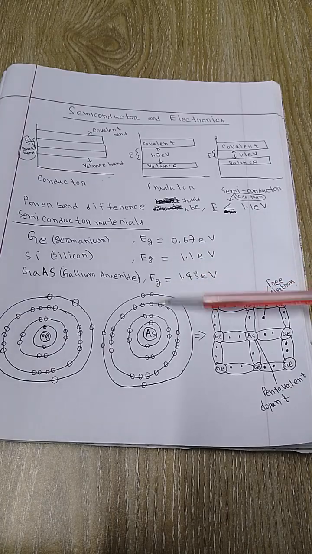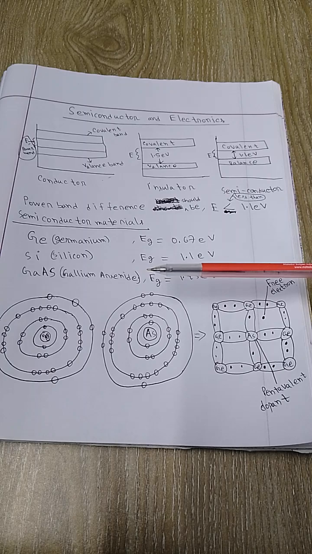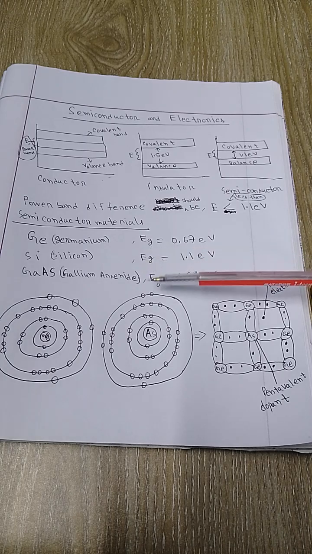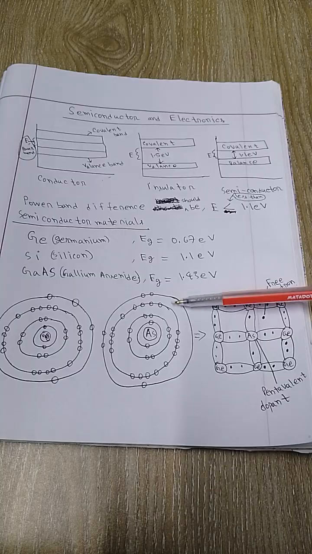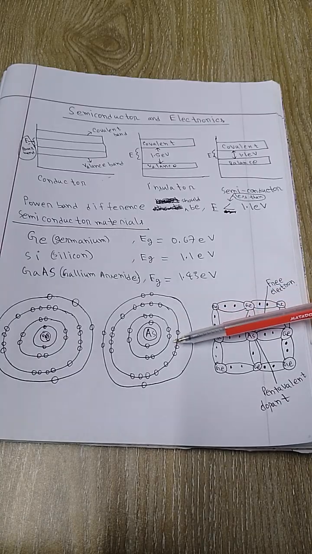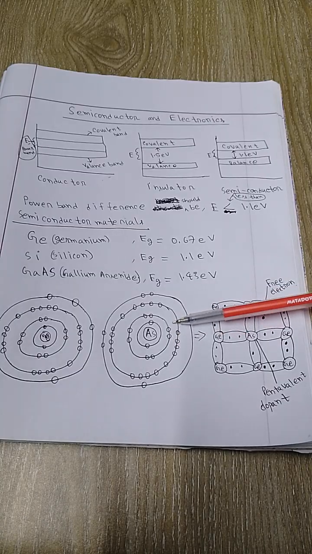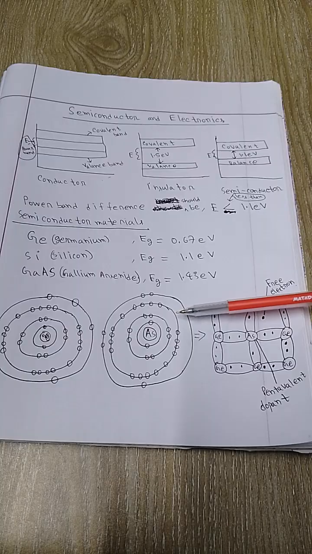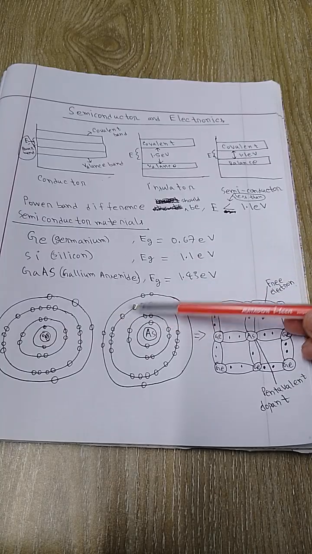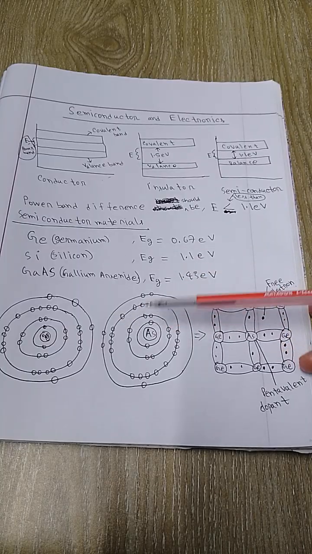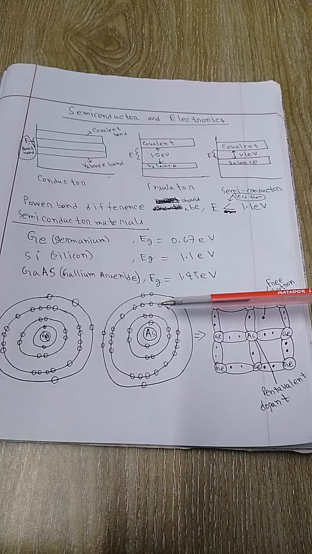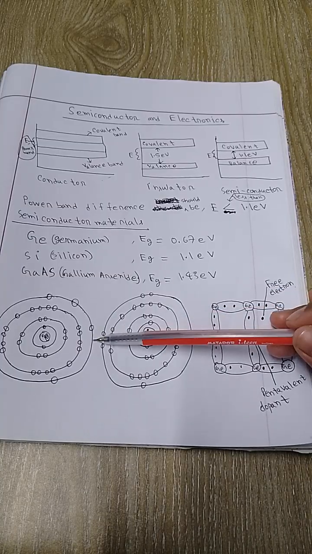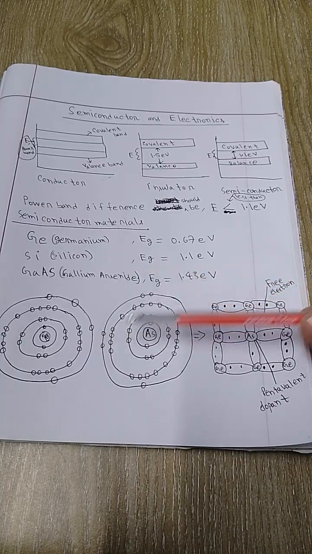So the 5 electrons of arsenic and the 4 electrons of germanium we can call the valence band. When the germanium and arsenic atoms create a bond between them, the extra 1 electron remaining in arsenic will create a bond with germanium.